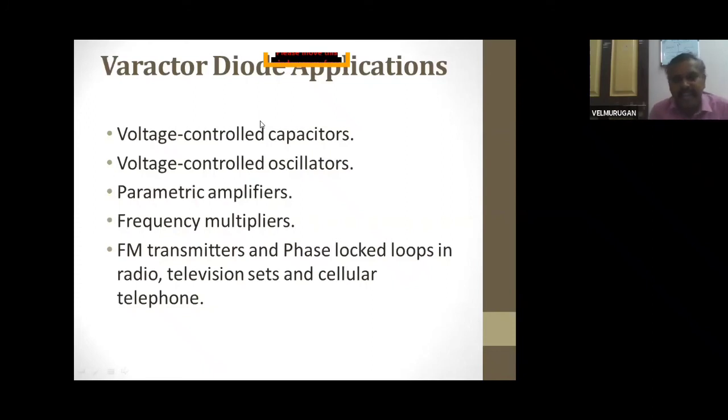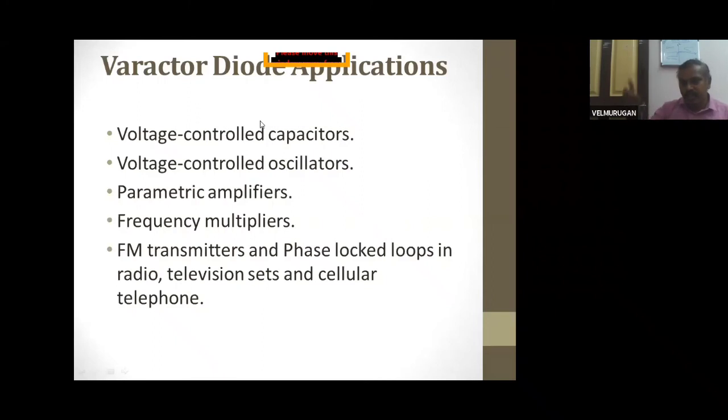Then FM transmitters and phase lock loops in radio, TV sets and cellular telephones. So the varactor diode is a very important charging and discharging component. In the phase lock loop, PLL, FM receivers use the antenna to receive the signals. After receiving the signals, a local oscillator separates the carrier frequency and the message frequency. After that, the message will come to the tuned audio frequency signal.